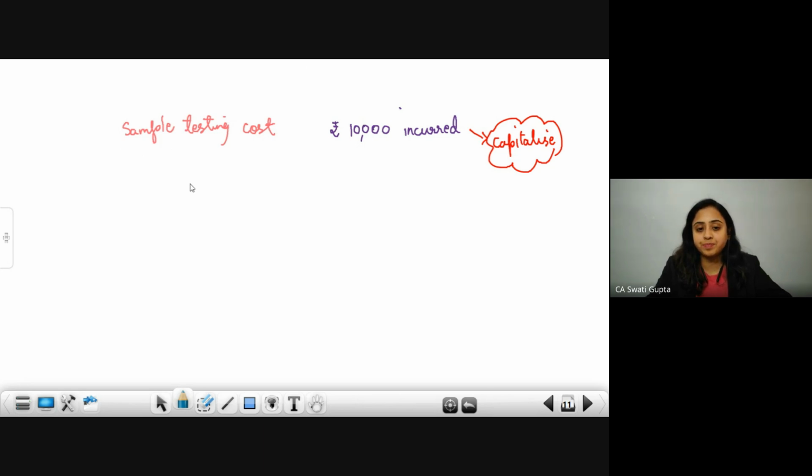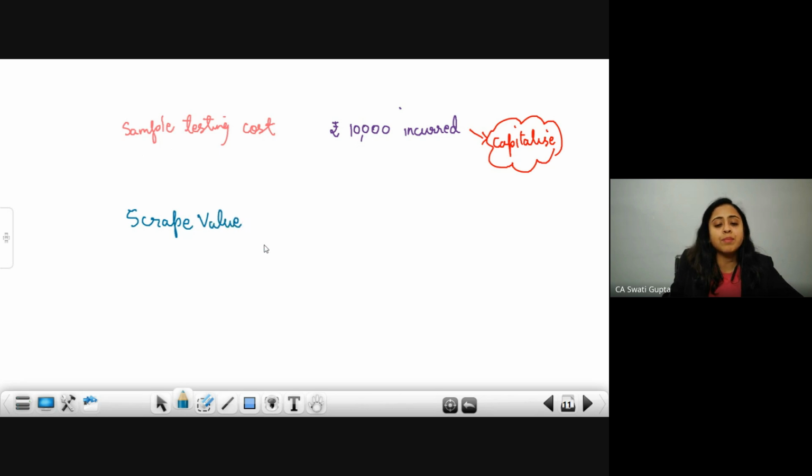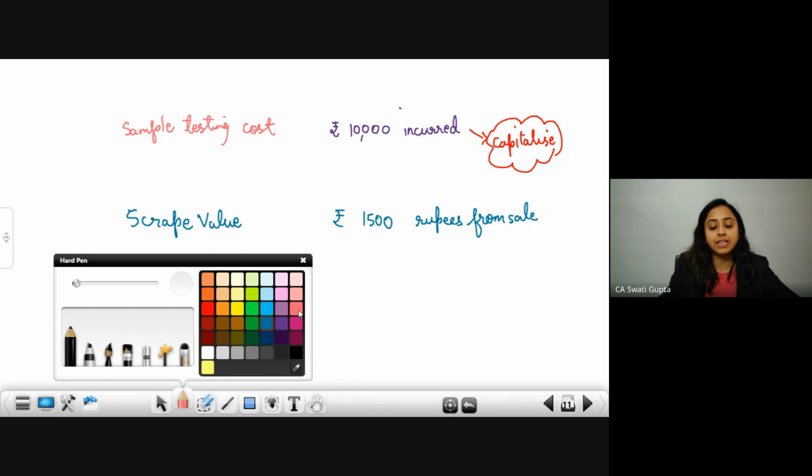But they might be sold as scrap, and the company might have received, for example, 1,500 rupees. We say that this 1,500 rupees will not be capitalized.